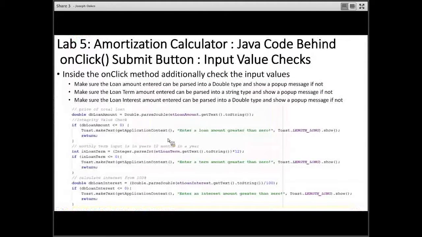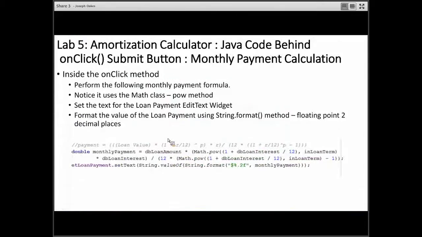So let's go back to the PowerPoint. We only have really two more sections left. This section here is the formula that will get the monthly payment. That's really the first step. Once you've verified all the input is good, let's make sure that we can calculate the monthly payment.